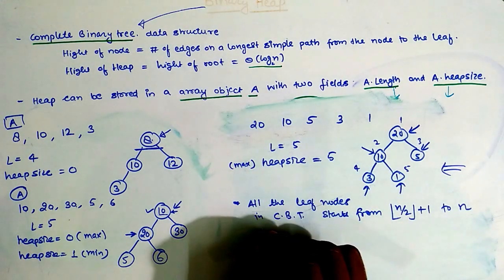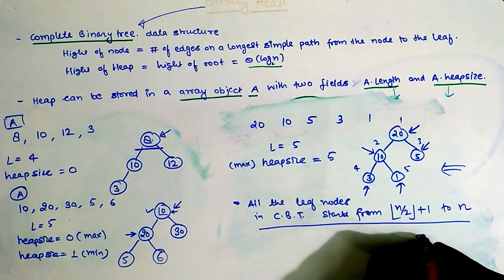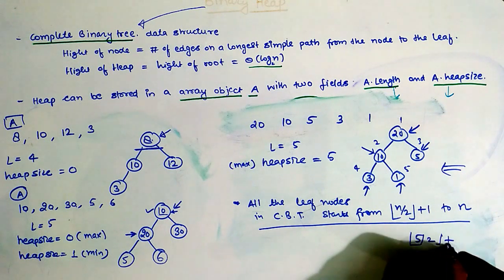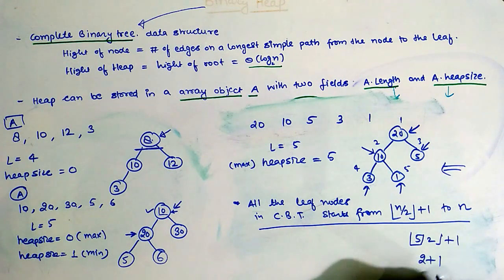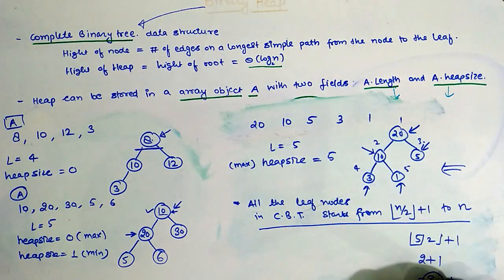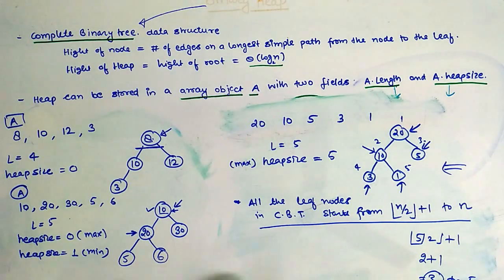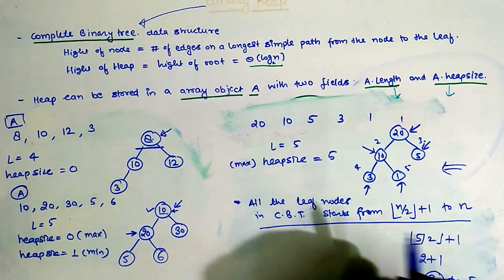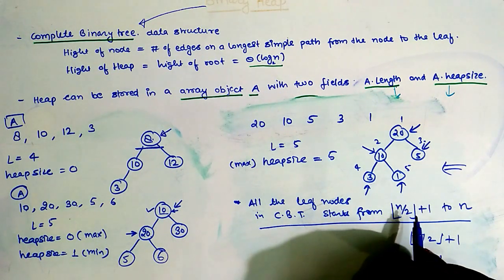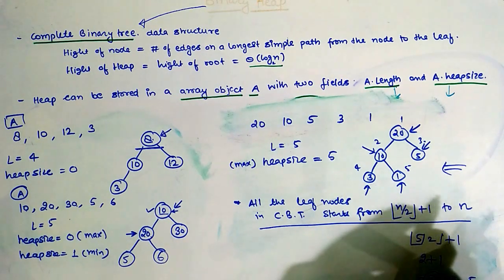This statement says that the leaf nodes start from floor(5/2) plus 1, which means 2 plus 1, so at index 3. So from index 3 to 5, meaning indexes 3, 4 and 5 are the leaf nodes, and this is true. For any complete binary tree, the leaf nodes always start from floor(n/2) plus 1 to n.